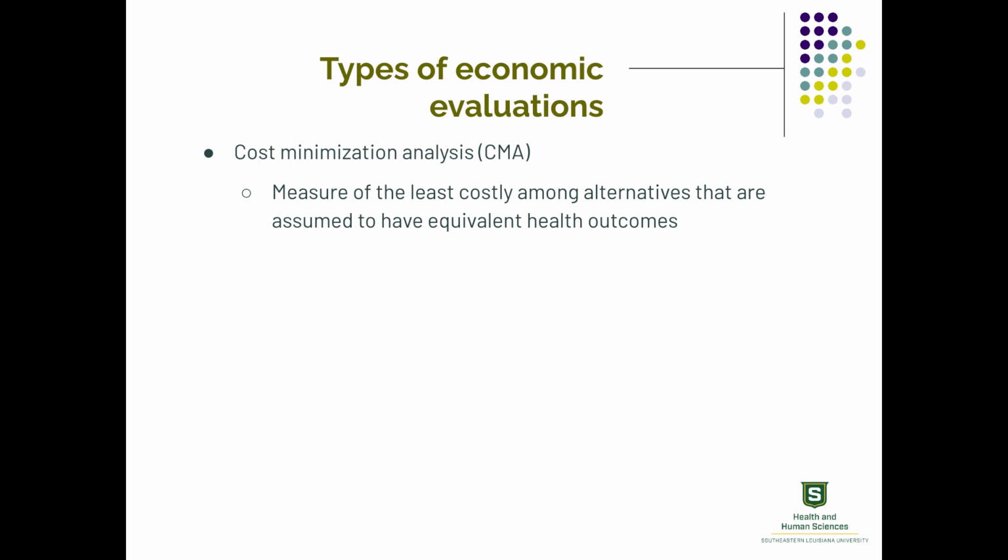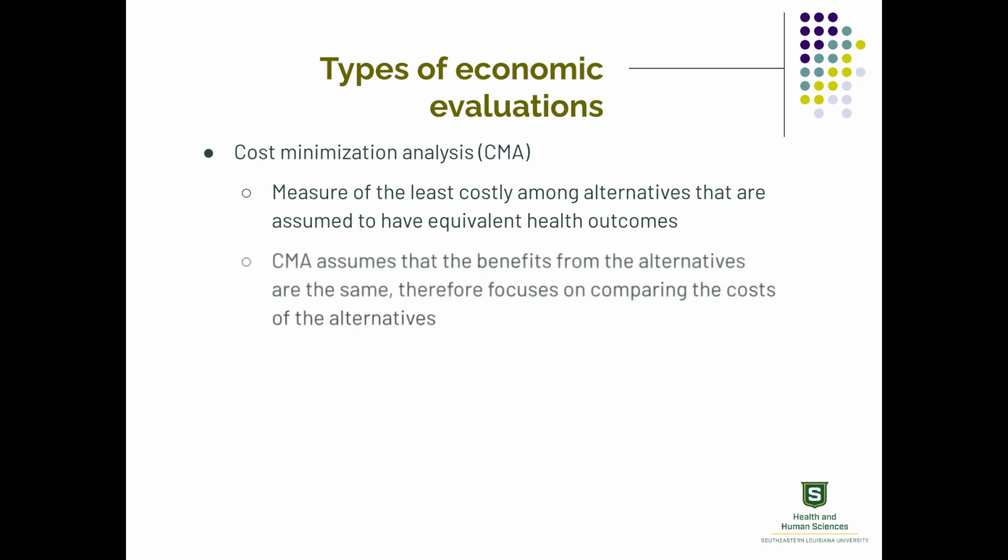Because the benefits from all the alternatives are the same, we don't have to measure those. We can just focus on measuring the costs. Please read this study that I included. It uses cost minimization analysis to look at a diabetes intervention.